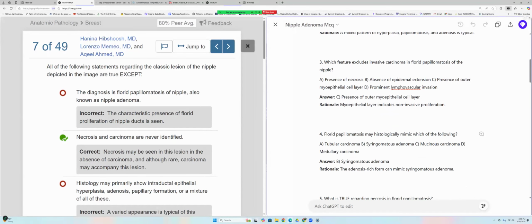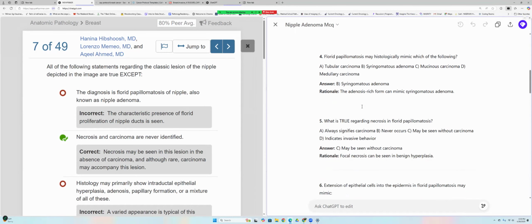Which feature excludes invasive carcinoma in florid papillomatosis? What color is this? Multiple epithelial cells. Yes. Florid papillomatosis may histologically mimic which of the following? Gray. Syringomatous adenoma, white. So what was the difference with the syringomatous adenoma?